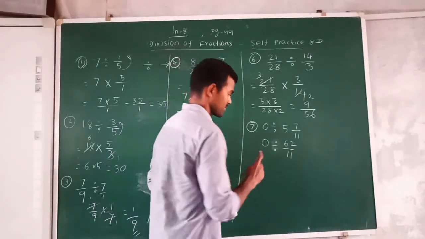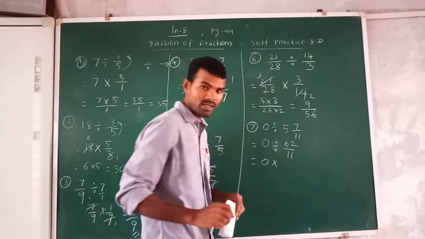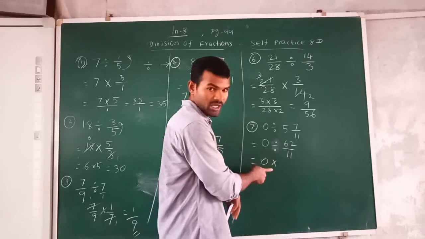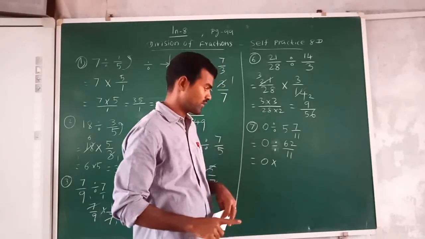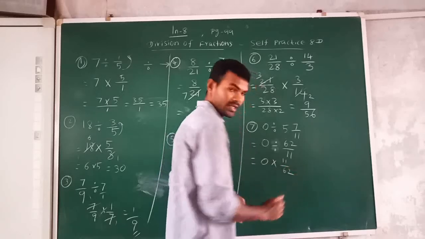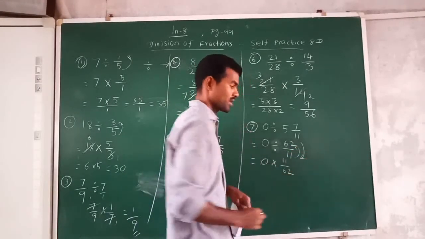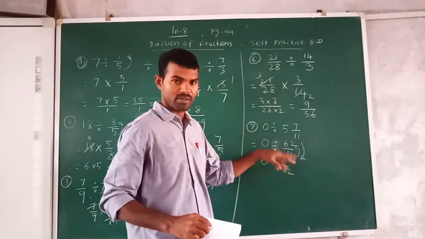Afterwards, 0, change the symbol, division changes into multiplication. Then it is 11 by 62. You have to change the numerator and denominator.